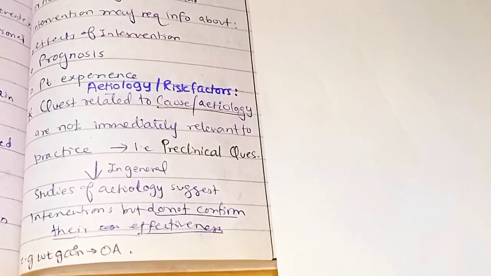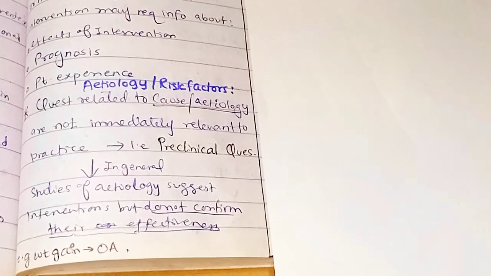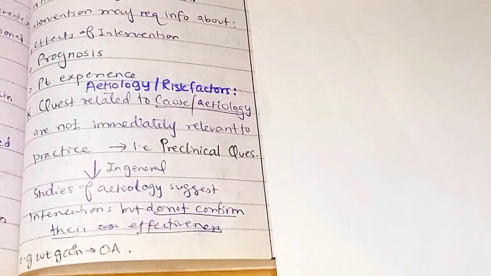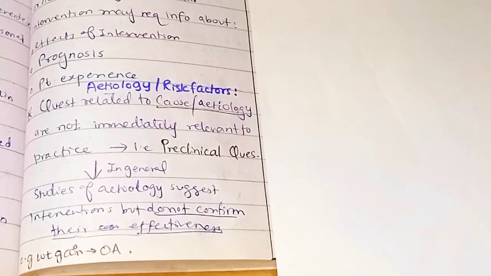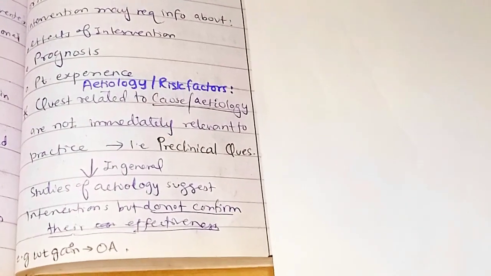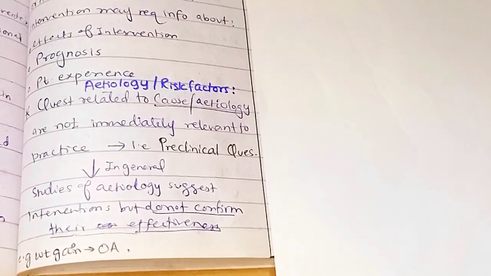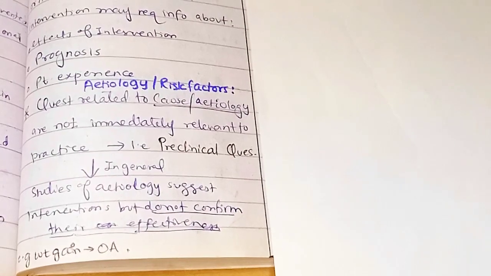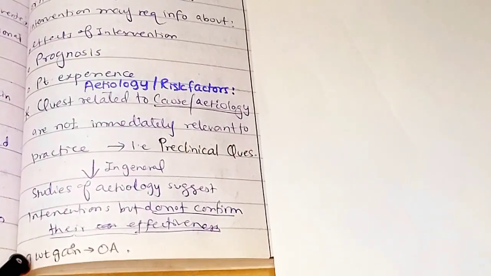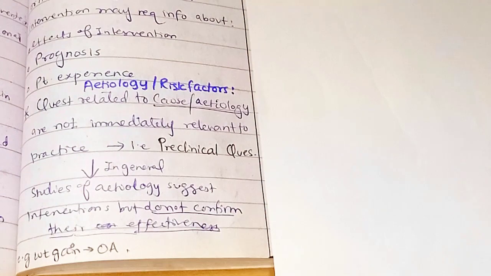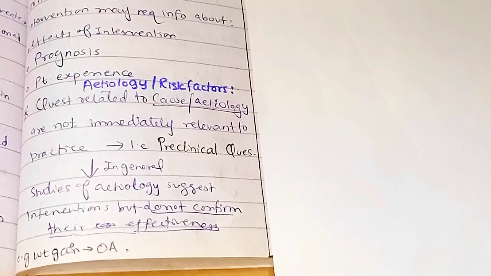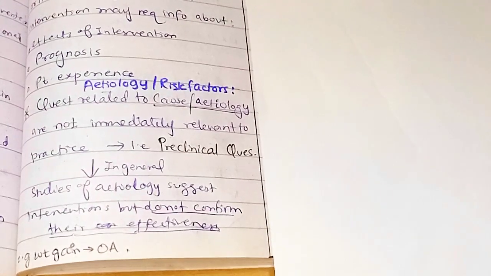In this way, this type of question related to a cause is not directly related to the clinical condition of the patient, because it can help you suggest the intervention, but it does not confirm its effectiveness. As we have seen in the example of weight gain and osteoarthritis, you thought weight gain was the most important cause and suggested the patient lose weight, but it might not be effective for him.